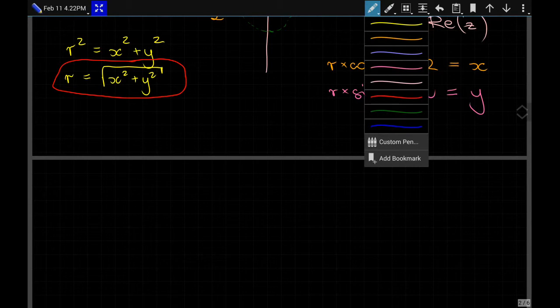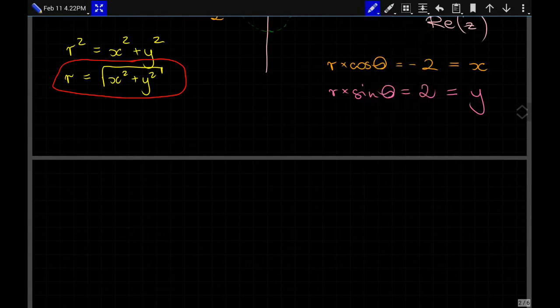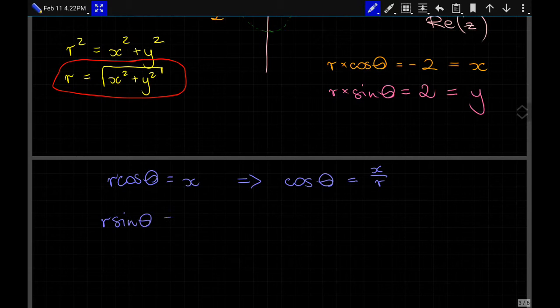So having that, we can get our theta from it now. So we have r times cosine theta equals x, and therefore cosine theta is x over r. And then we're going to do the same for y. So r times sine theta is y, and therefore sine theta is y over r.